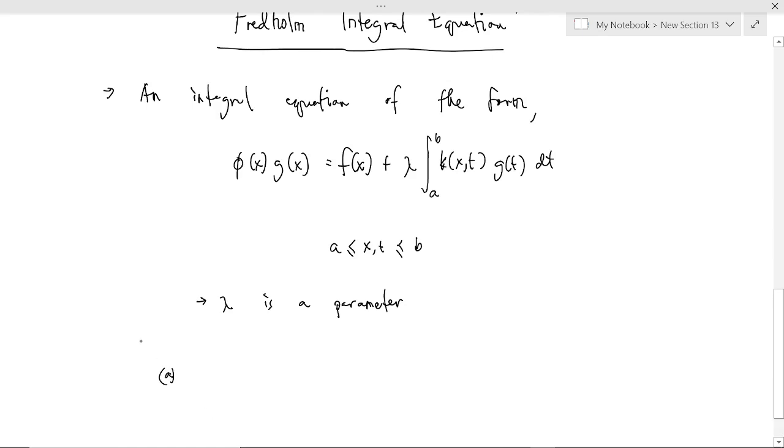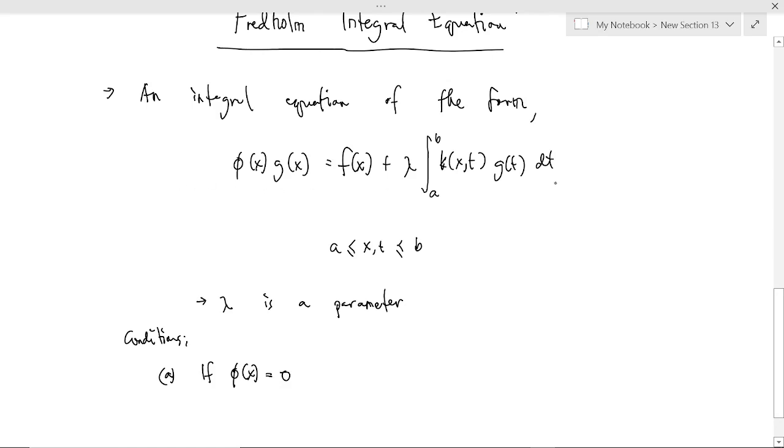If phi of x is equal to 0, we can refer to the equation above.